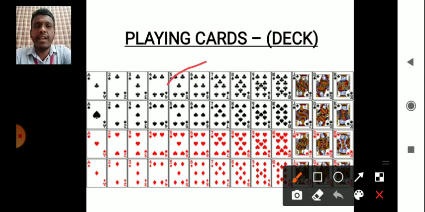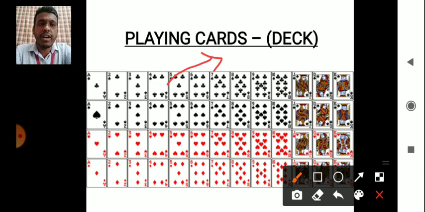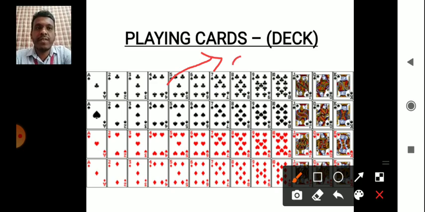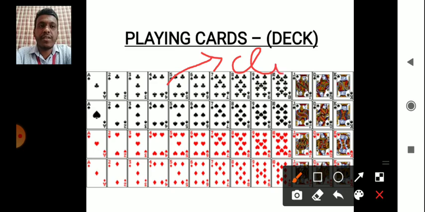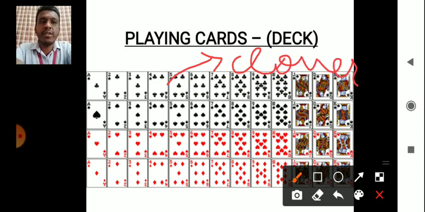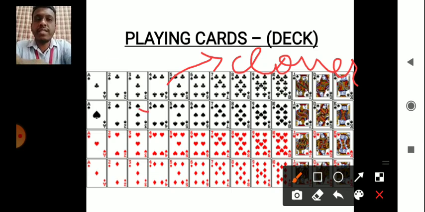This, in our terminology, or at least what I used to say, is silver. Now what is this known as in English? Clover. It is a clover. What is this known as?